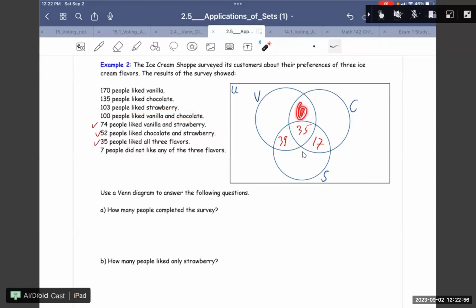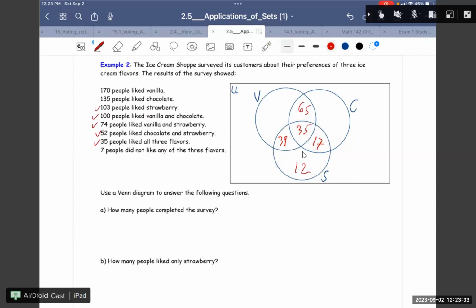This one is 65. Now we have 103 people who like strawberry, but we have 39, 17, and 35 already. So we get 103 minus the total of these three, and we have 12.